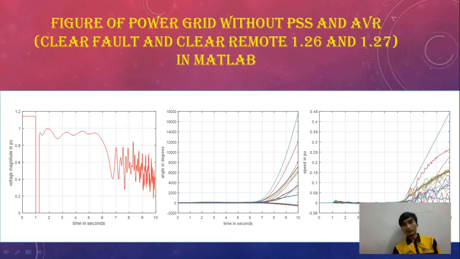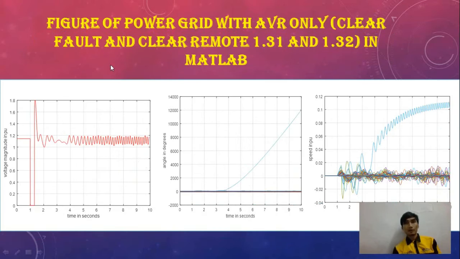After 6.5 seconds, the speed of the generator increases, and for the highest generator, at 10 seconds it reaches 0.45 PU speed.